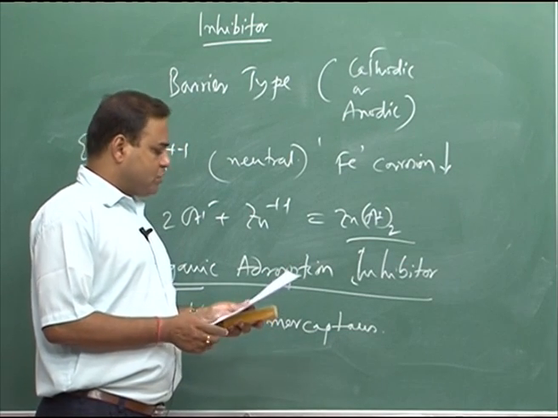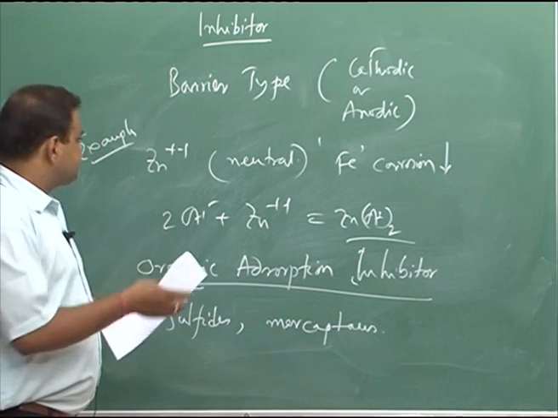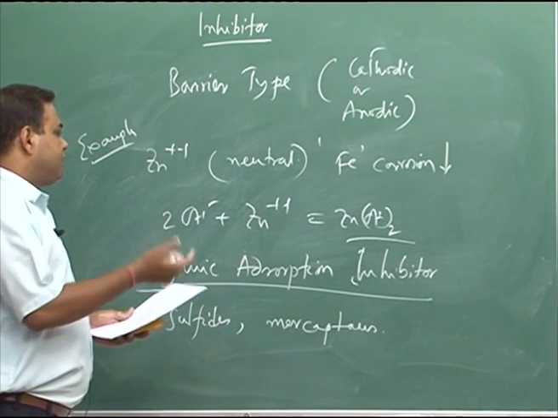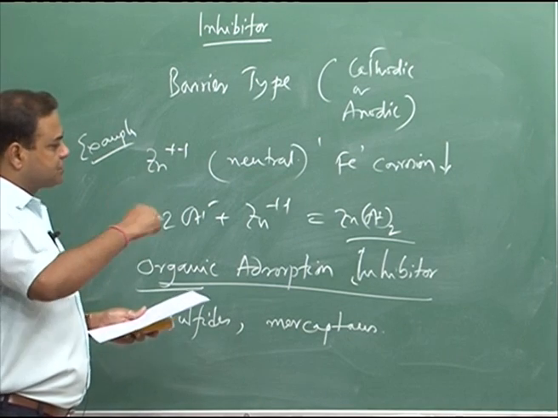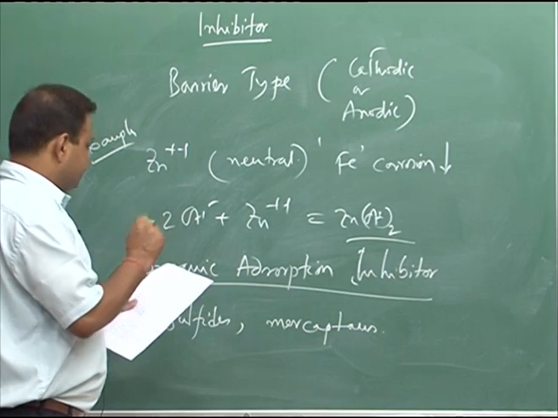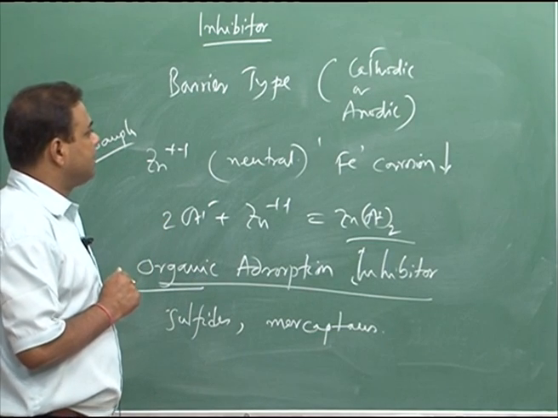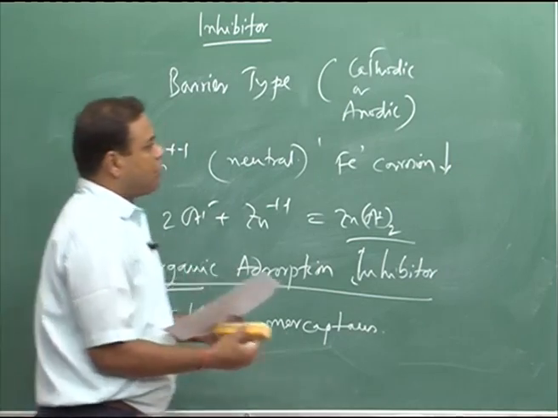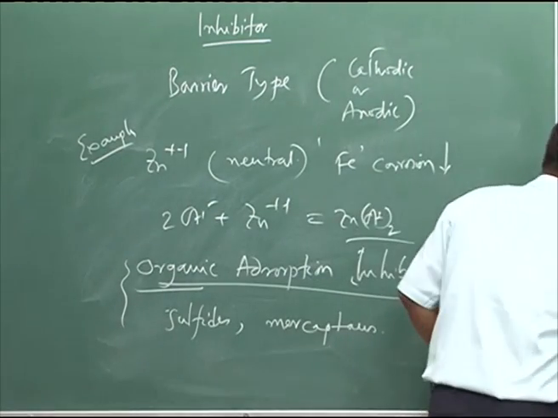And sometimes they can also form stable surface complexes, which can also prevent adsorption of hydrogen ion, or even prevent the solvation of metal ion. So, this is organic type inhibitors, or it can be inorganic type inhibitors.